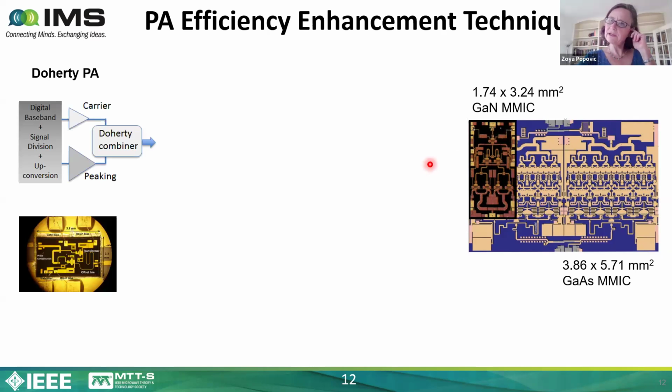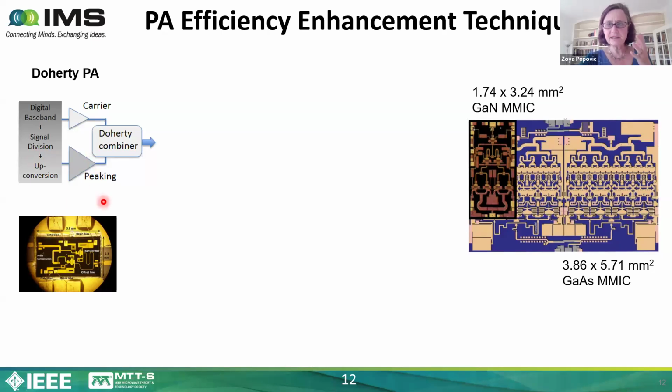There are efficiency enhancement techniques that can also deal with linearity, and the most common one is the Doherty power amplifier. In a Doherty power amplifier, there's a peaking and a carrier, so there are basically two amplifiers that are combined very specially at the output. They can be digitally driven or driven with analog drive.